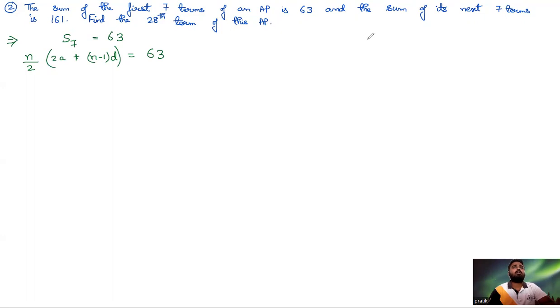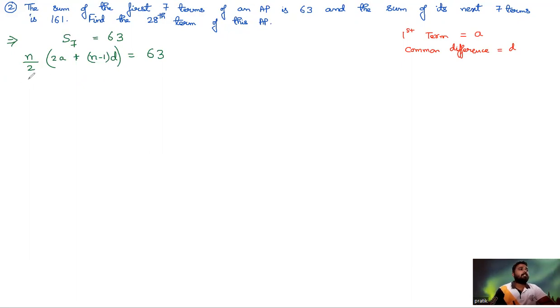You might be thinking, where did a come from? I'm assuming the first term of this AP to be a, and the common difference to be b.